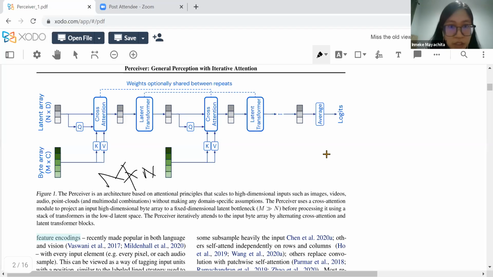Let's say we have two sequences. The first sequence is the input, the second sequence is the output, and for example, it's a machine translation from, for example, French to English.